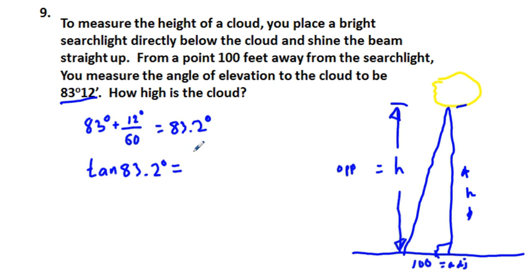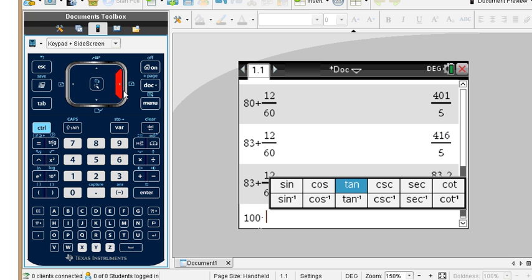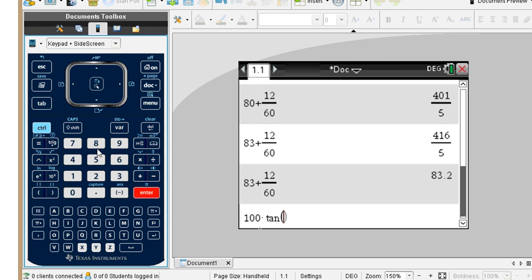is equal to our height over 100 feet. So cross multiplying, height is going to be equal to 100 tangent 83.2 degrees. So going to our calculator, we have 100 times tangent 83.2 degrees.